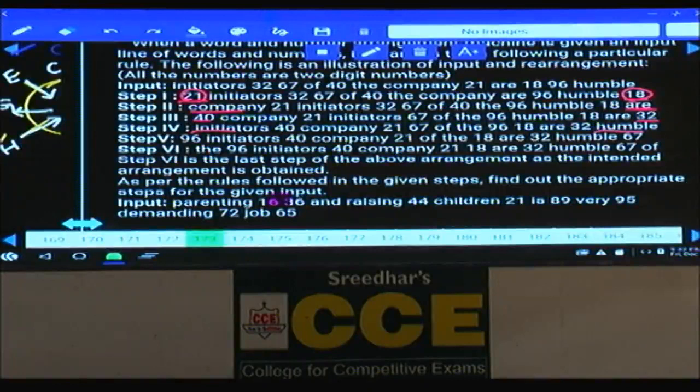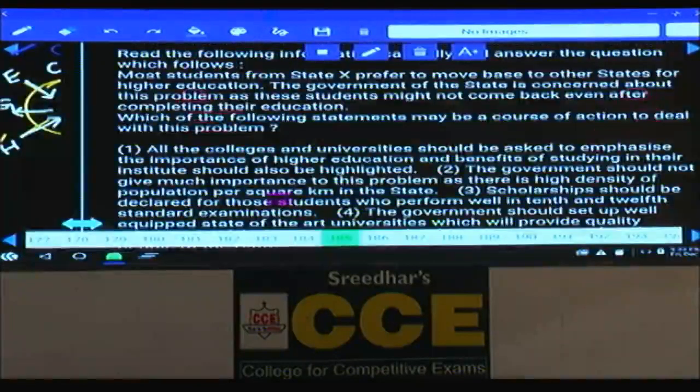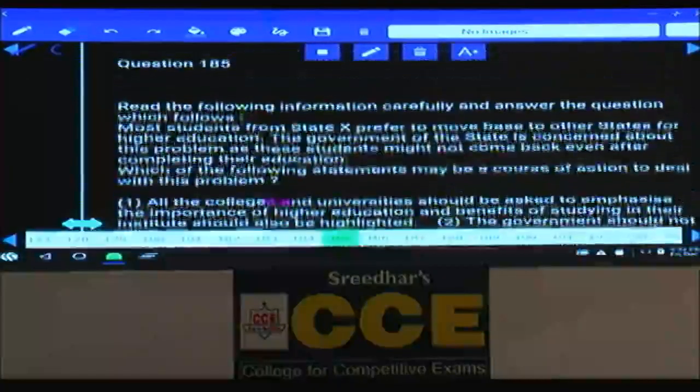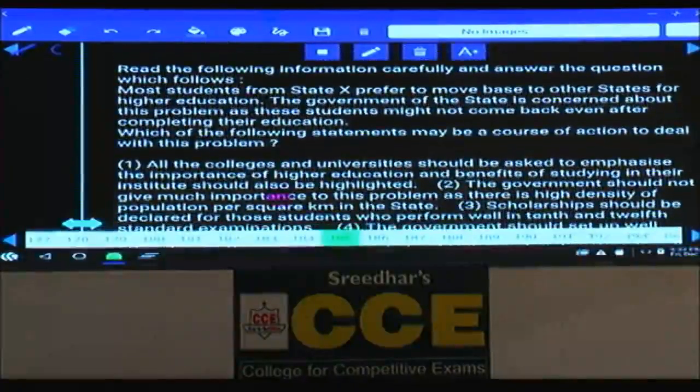Then onwards 185. Now in this 185, tell me what is the information given here? Most students from state X prefer to move their base to other states for higher education.